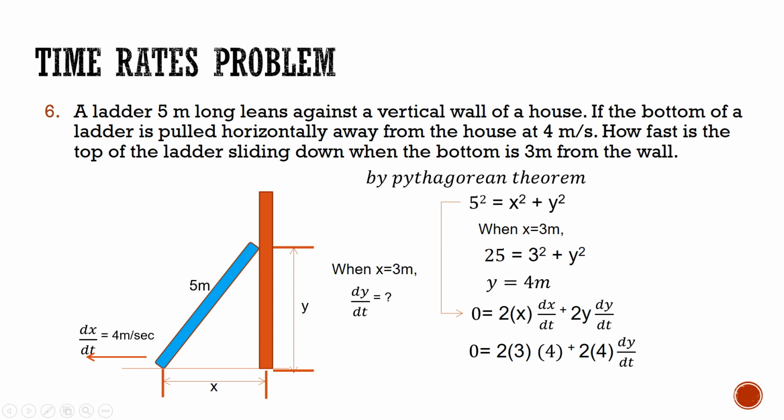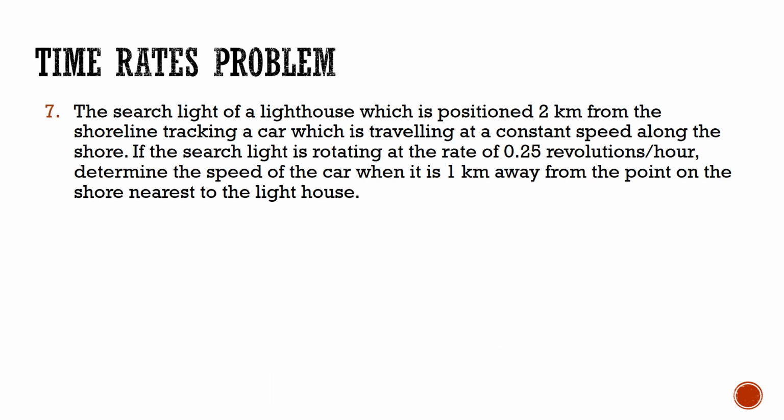So all of the given and the obtained values are substituted. Then we can now compute the unknown rate of y, which is negative 3 meters per second. The negative simply indicates that our speed is in the downward direction. So that is a downward motion.